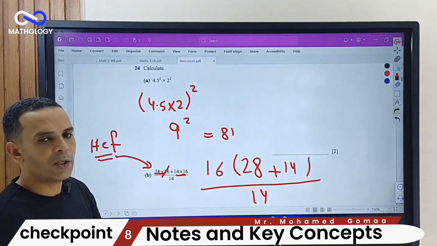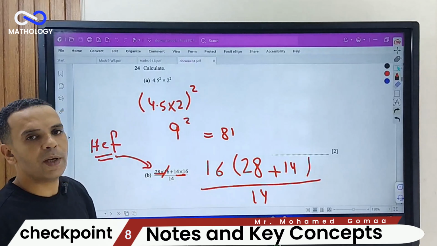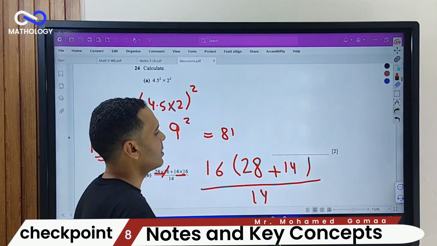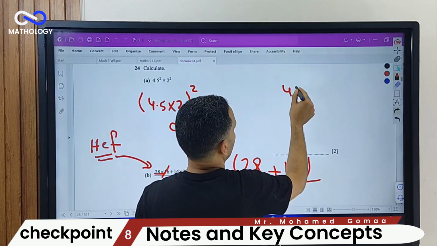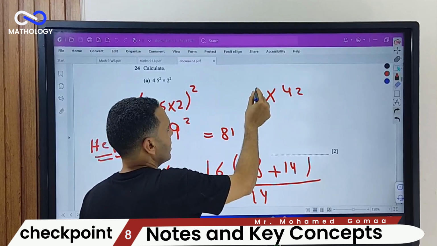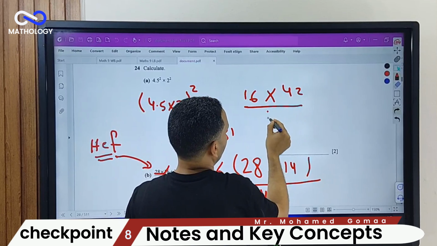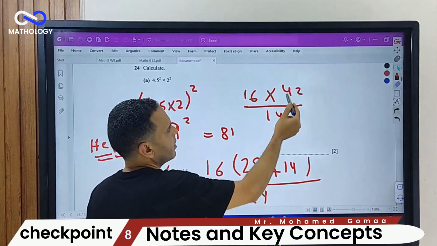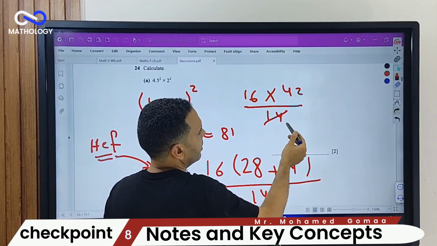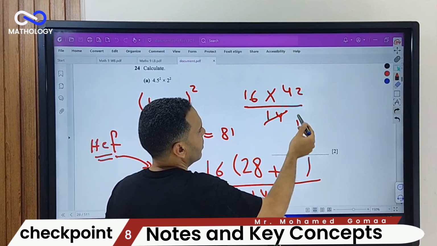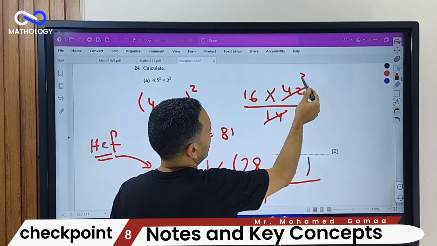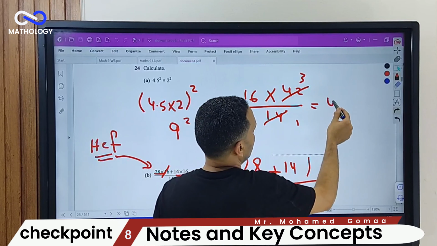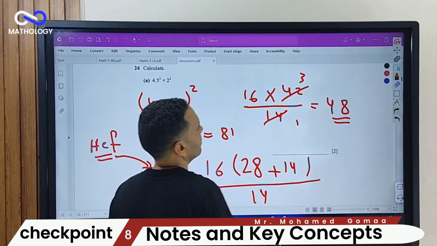Perform the operation inside the bracket, 28 plus 14, which equals 42, times 16 divided by 14. We can cancel out 14 with 42. 14 divided by 14 equals 1, and 42 divided by 14 equals 3. It will be 16 multiplied by 3, which equals 48, like this one.